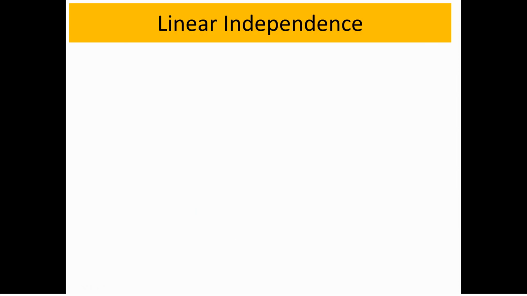Now, a very important concept is linear independence. We may have a bunch of vectors spanning a vector space, but some of them may not be necessary. Linear independence is a really important condition. It's going to tell us whether every vector in that list is important or necessary. So let's define linearly independent.